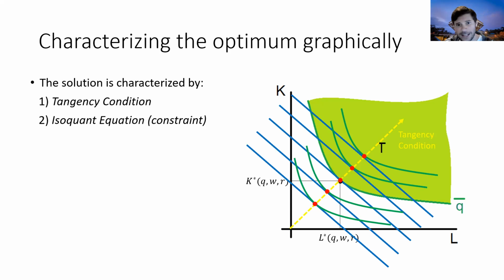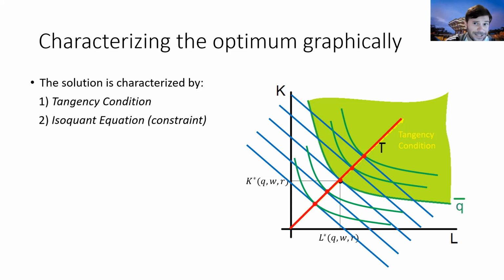You may get tangency conditions that are not a straight line, that could be nonlinear functions, but we may also refer to this as the output expansion path. If we increase the level of output at the same input prices, we would expect to traverse that red line across those tangencies, right? The tangency along that isoquant map. So the tangency condition, that gave us one important equation, graphically, to identify the solution.